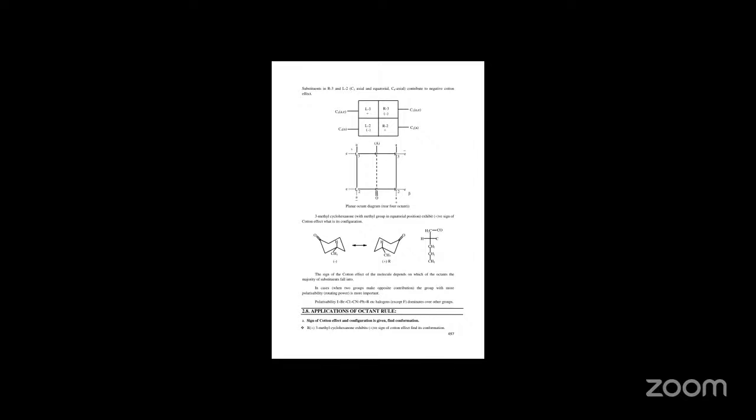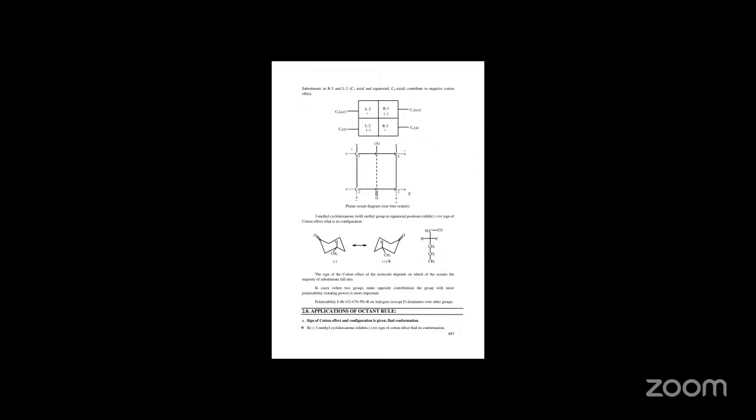Here we'll see one example, like 3-methyl cyclohexanone. With the methyl group in equatorial position, it exhibits the plus sign of the Cotton effect. The sign of the Cotton effect of the molecule depends on which octant the majority of substituents fall into.